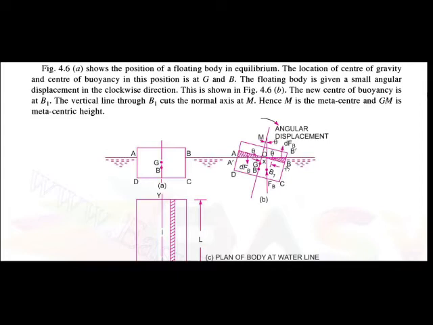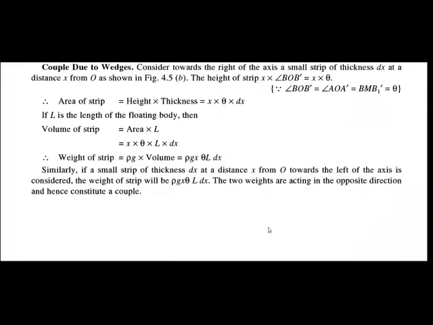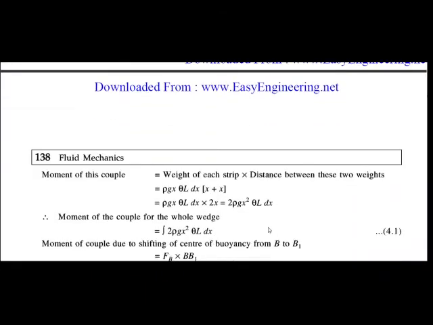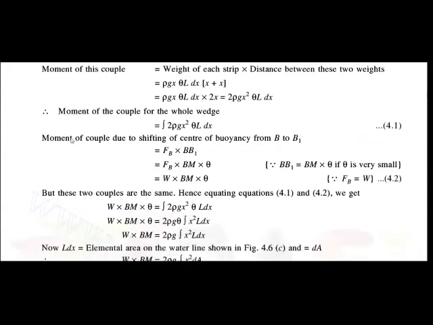The moment of a couple is equal to force into distance. The force here is the buoyancy force, that is AB, and the distance is BB1. So the moment of the couple due to the shifting of the center of buoyancy from B to B1 is equal to AB into BB1.